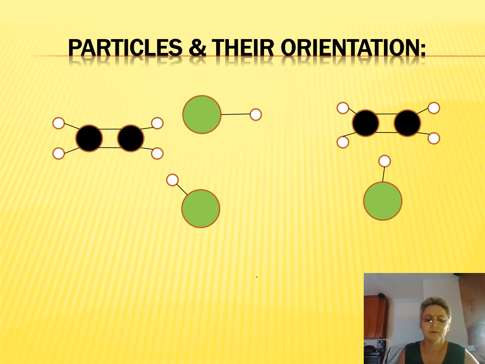Here we have an ethene molecule with its double bond between the carbons and each carbon attached to two hydrogen atoms. Here we have hydrogen chloride, but the chlorine part of the molecule is moving towards a hydrogen atom on the ethene molecule.